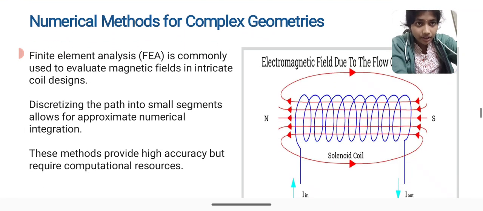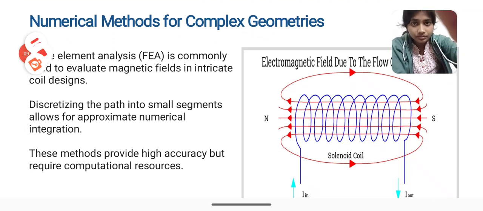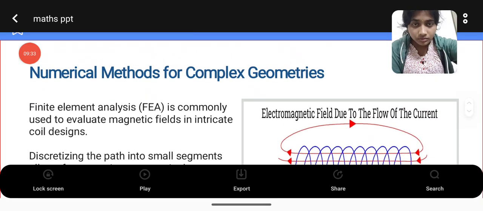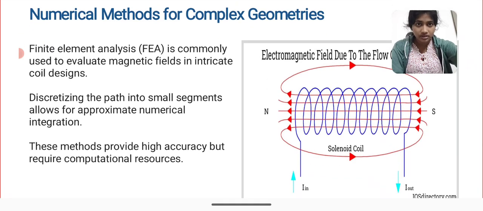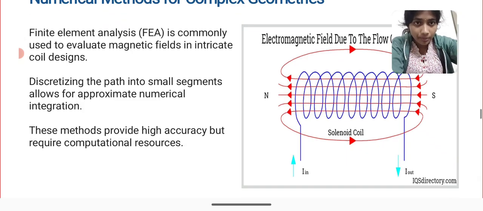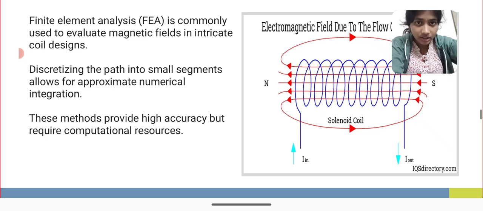Numerical methods for complex geometry. Finite element analysis is commonly used to evaluate magnetic fields in intricate coil designs. Discretizing the path into small segments allows for approximate numerical integration.